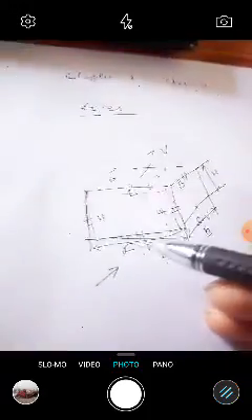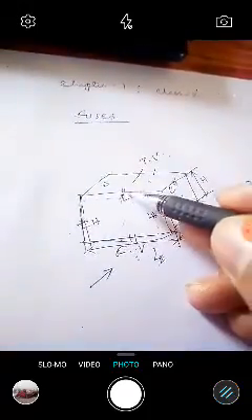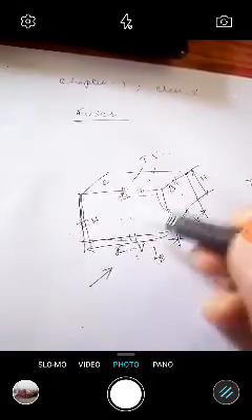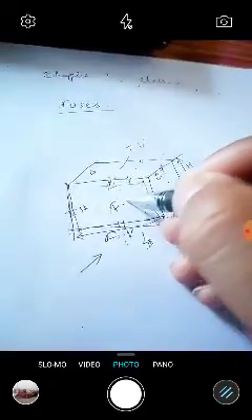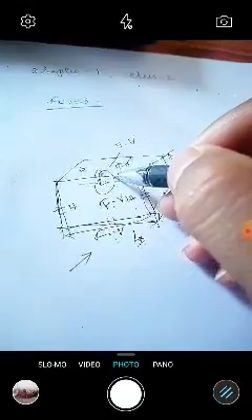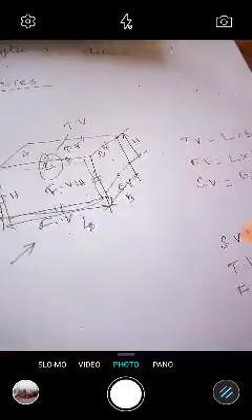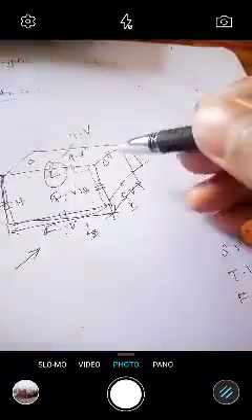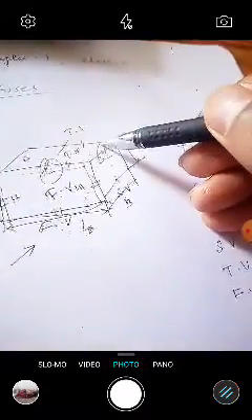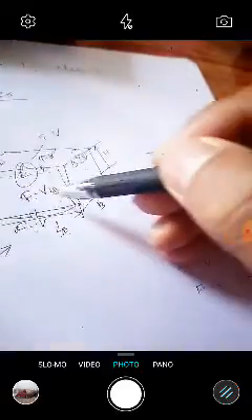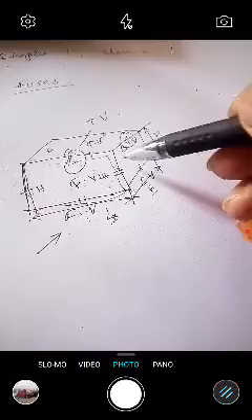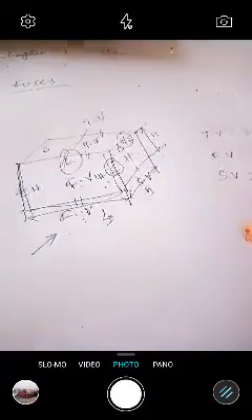If you take this as a front view and this as a top view, both have length as common. Again, between the top view and the side view, the common thing is breadth. Again, between the front view and the side view, the common thing is height.